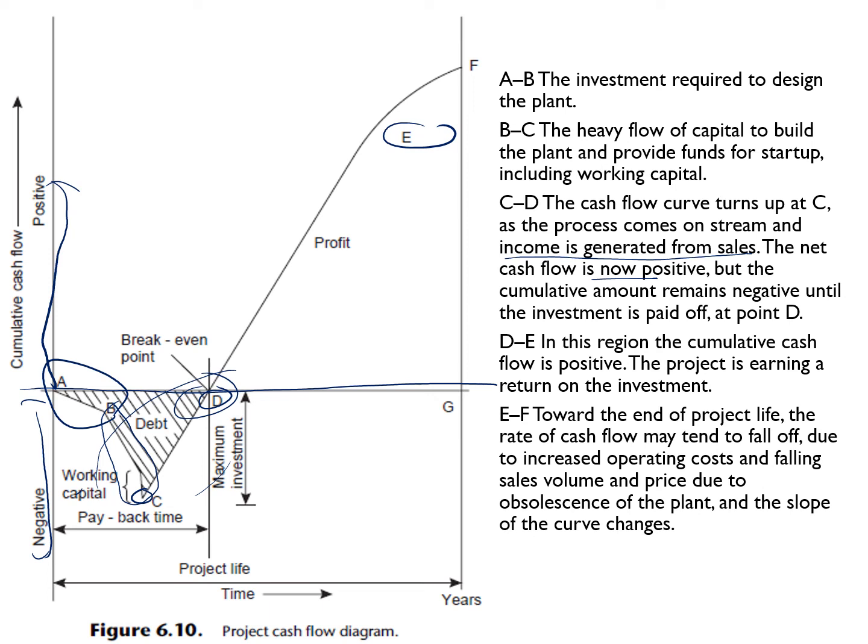So E to F is toward the end of the project life. The rate of cash flow may tend to fall off. So here we can see this slow progress, slow increment of the cash flow, because at this time the project is toward the end of its life. So the cash flow sometimes can tend to fall due to increased operating costs, falling sales volume, and price, due to obsolescence of the plant; the slope of the curve changes.